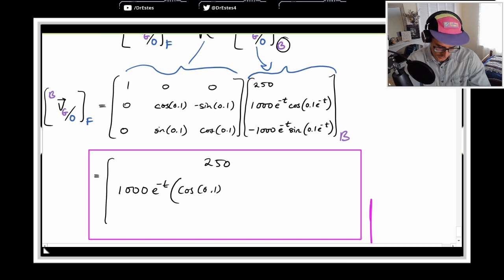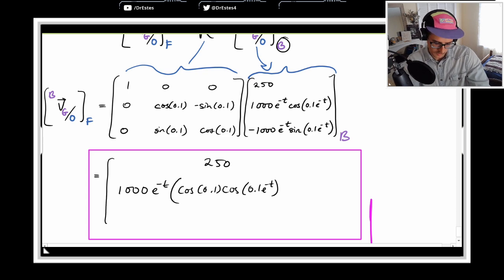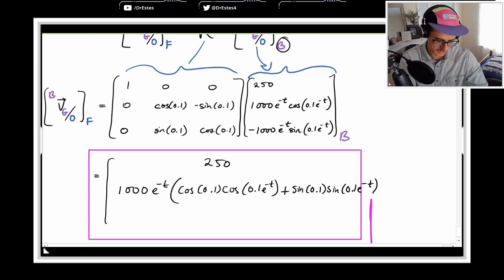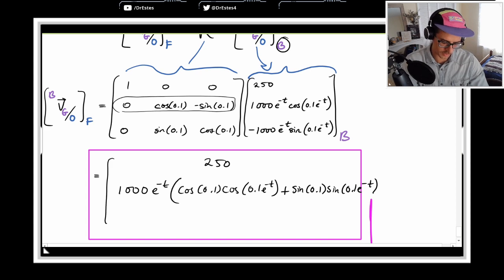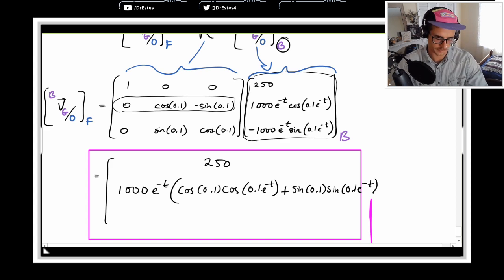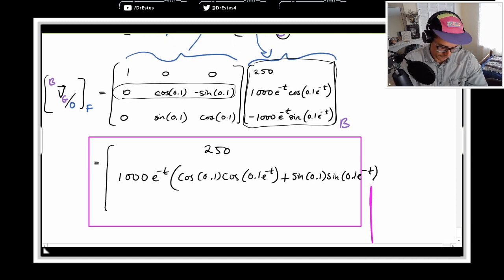Cosine 0.1 times cosine 0.1 e to the minus t, and then plus sine 0.1 sine 0.1 e to the minus t. So this is taking this second row and multiplying it with that column vector. So it's just doing some matrix multiplication.